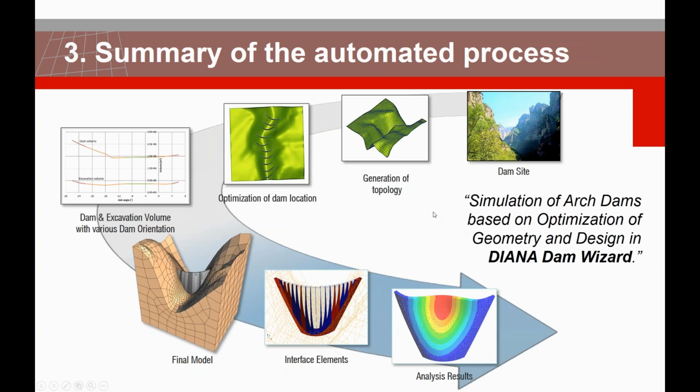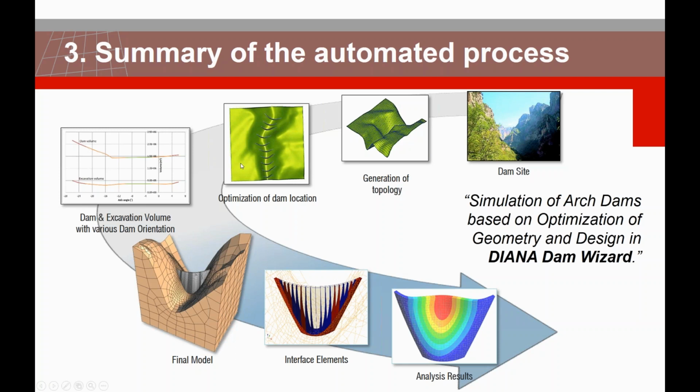And this was more or less the case study that we just explained. But before going to the benefits, I would like to show you a summary of the automated process, because we can describe it in just one slide. As we said, we start with a dam site, and we generate the topology. Based on this topology, we pick our initial locations, where we find the best fitting location for each one of them based on the graph we showed from before.